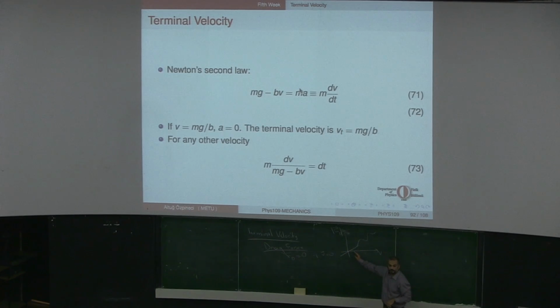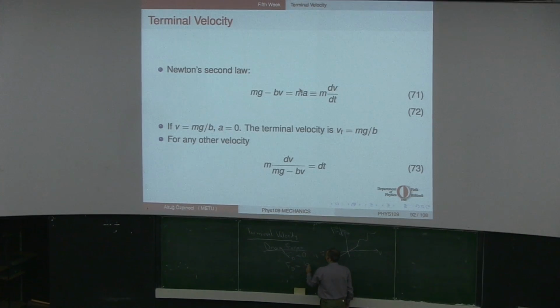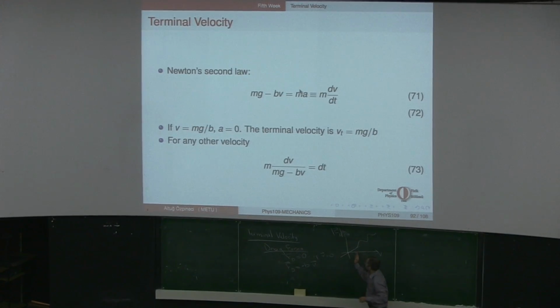If we denote the slope of this line by some constant b, the magnitude of the drag force is the slope of this line times the speed. Well, it's a vectorial equation. It tries to prevent the motion, so it's in the opposite direction of the velocity. So this is its behavior for small velocities.